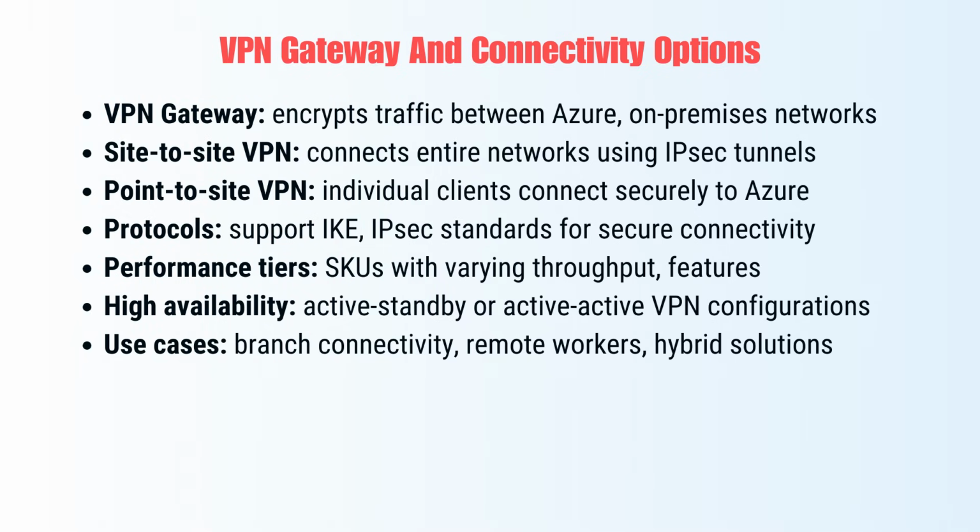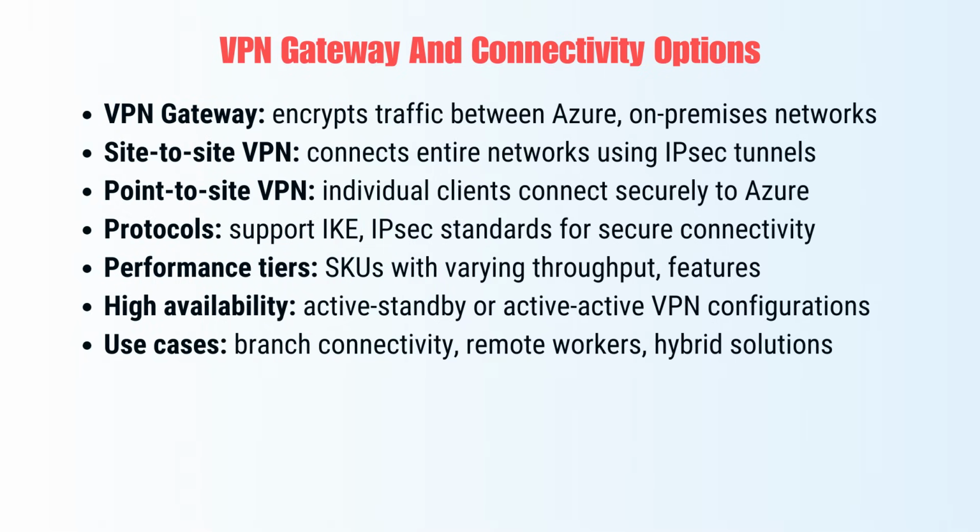Azure offers different gateway SKUs with varying throughput, features, and SLAs. For higher availability, you can deploy VPN gateways in active-standby or active-active configurations. These VPN connections protect data in transit by using industry-standard protocols, IPsec/IKE, which is important for compliance and security-sensitive workloads.